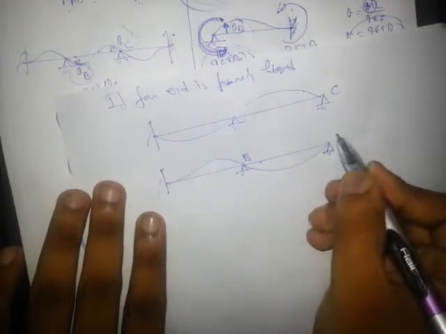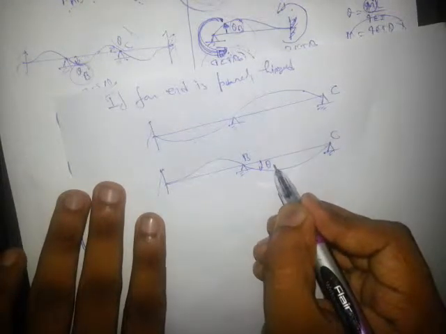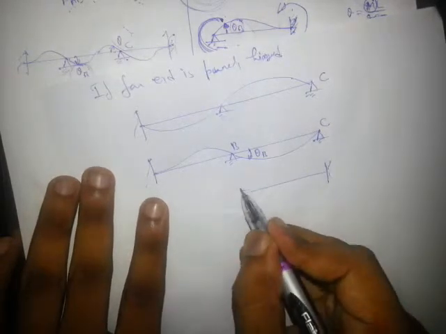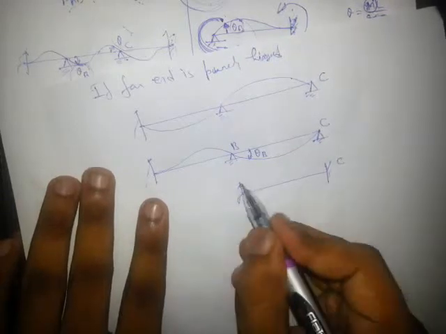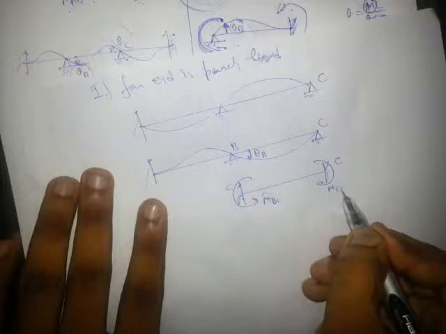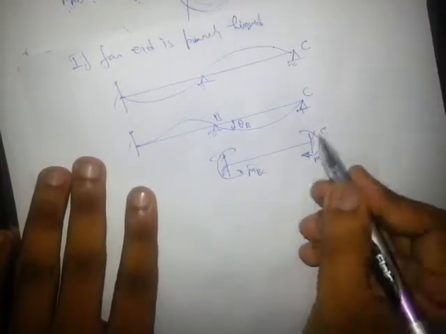So this is B, this is C, far end is hinge, this is theta B. First of all you will calculate M bar BC and M bar CB. But since it is purely hinge, you will make a correction.